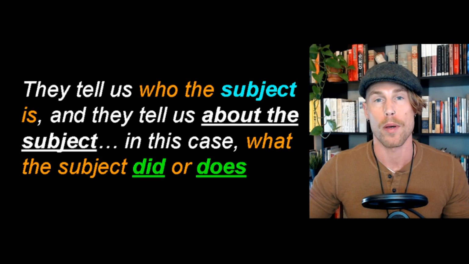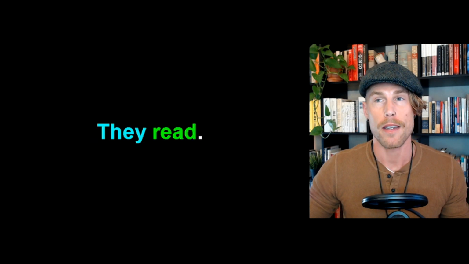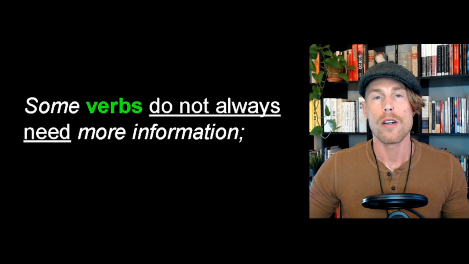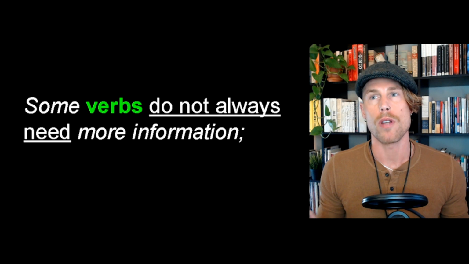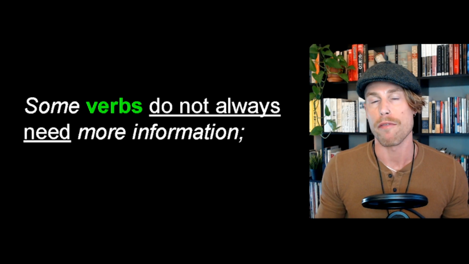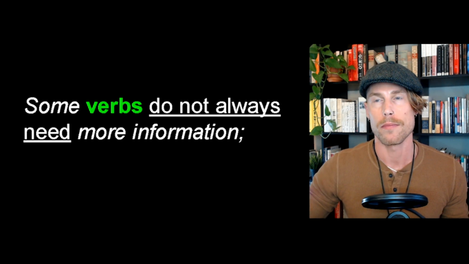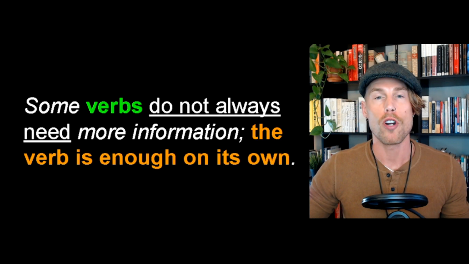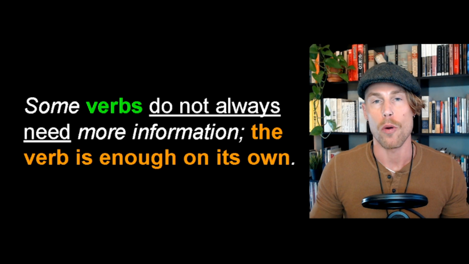The verb. She spoke. They read. But some verbs do not always need more information. The verbs we just looked at. The verb is enough on its own for a really simple sentence.